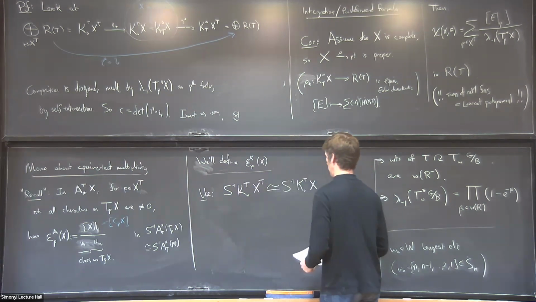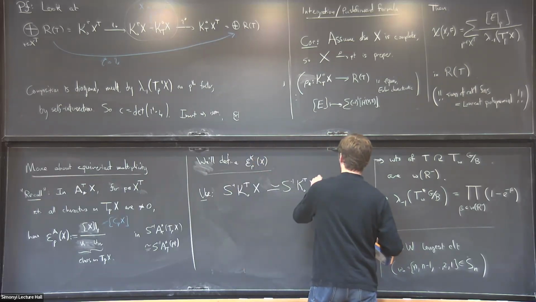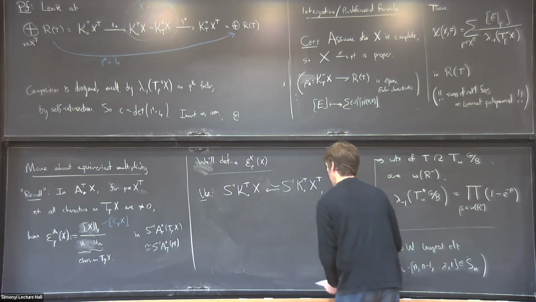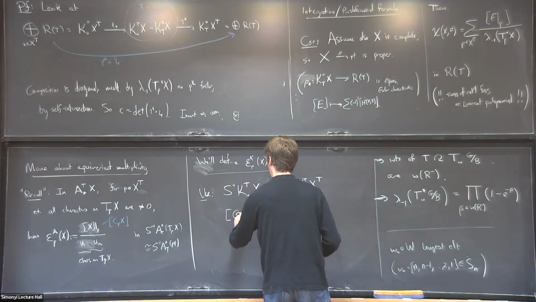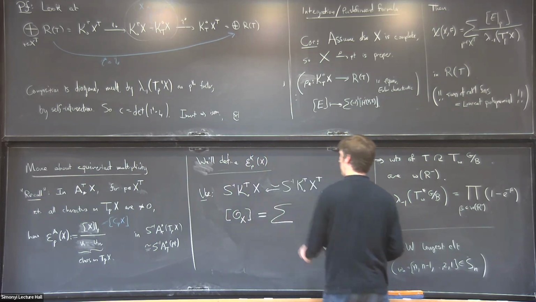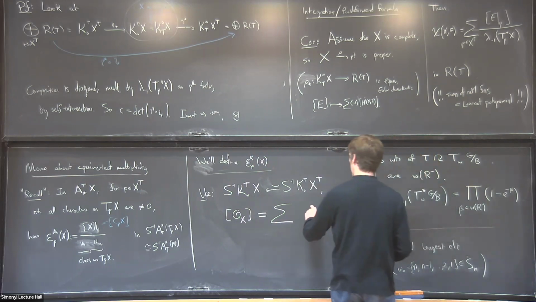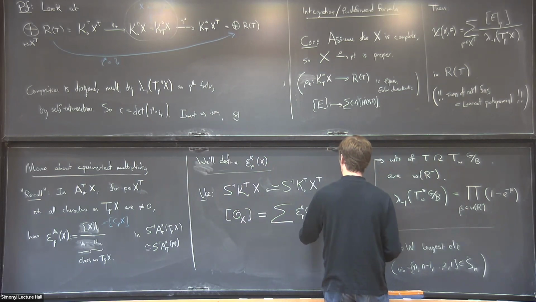And I guess I should have written it the other way, if the natural map goes this way, but I want to write O_X as a sum of something times the classes of a point, and I'll just call that something the equivariant multiplicity.